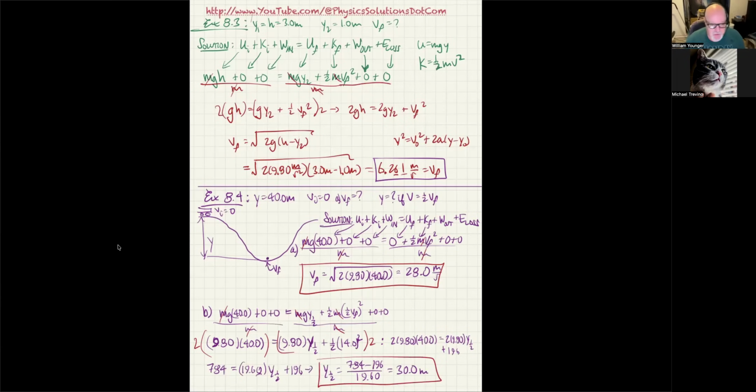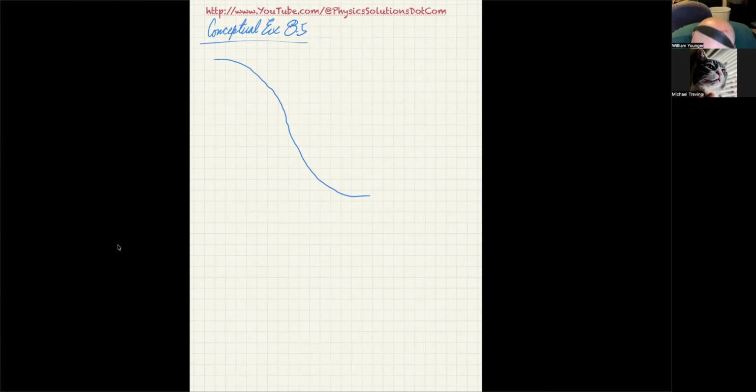All right. There's a nice conceptual problem in example 8.5, so let me give you a drawing of that to make some sense of it. What we have here is two tracks, something like this, and then another track that I'll draw in red, and this one goes like that.